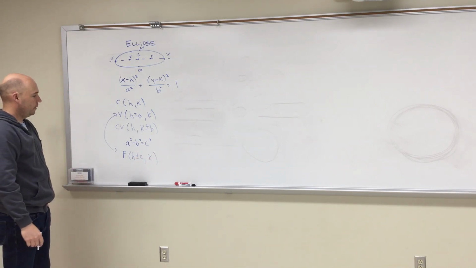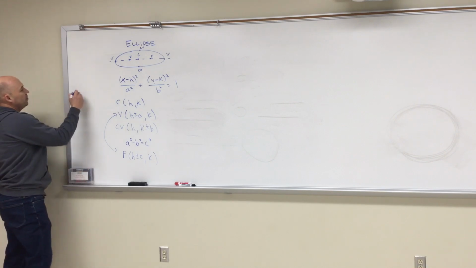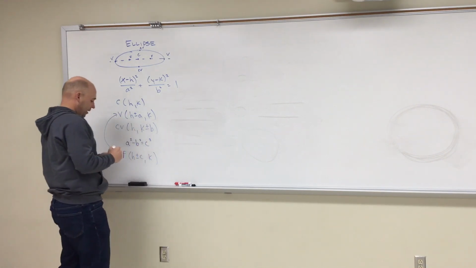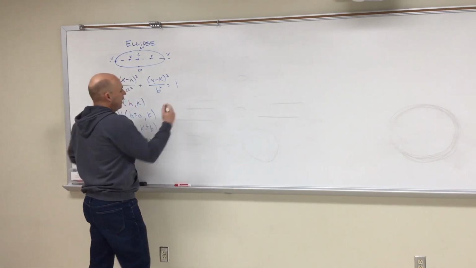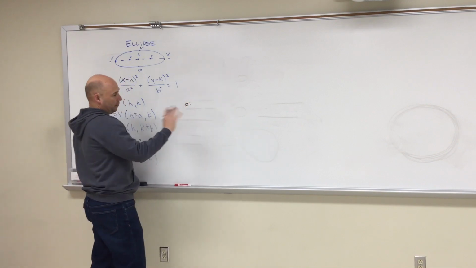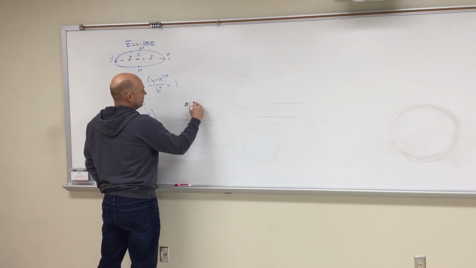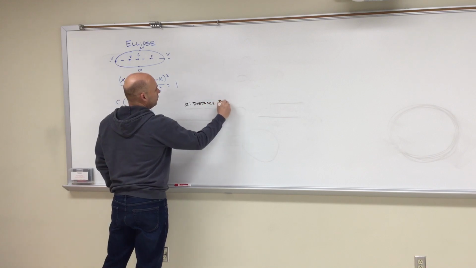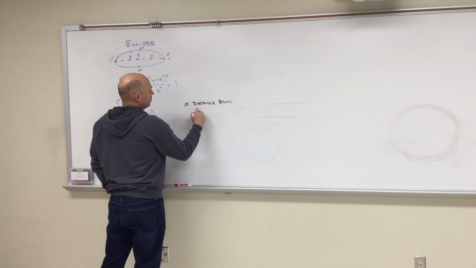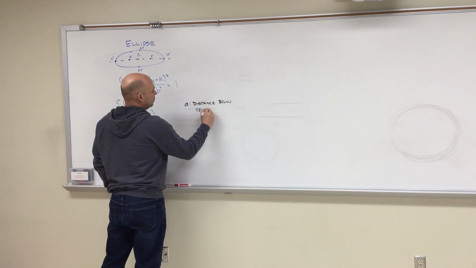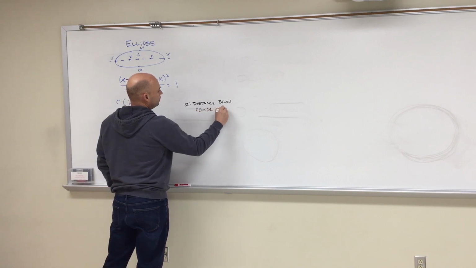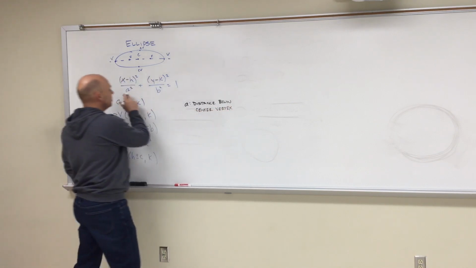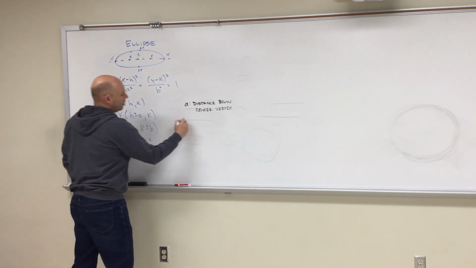All right. A always represents, I'll write that over here in black because this is really important. A, for both of these that I'm going to do, is the distance between center and vertex. So your larger of these two numbers is the distance between the center and the vertex.